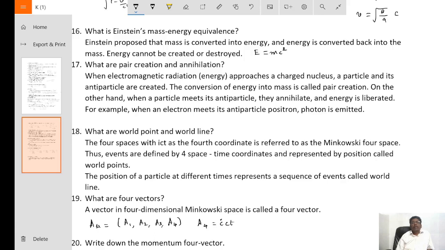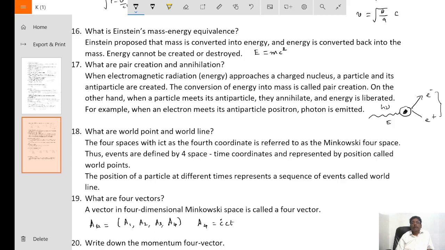When electromagnetic radiation approaches a charged nucleus, a particle and its antiparticle are created. Say this is a charged nucleus. Suppose an electromagnetic radiation of energy hν is approaching; it creates an electron and its antiparticle, the positron. Here energy is converted into mass. This is called pair creation.